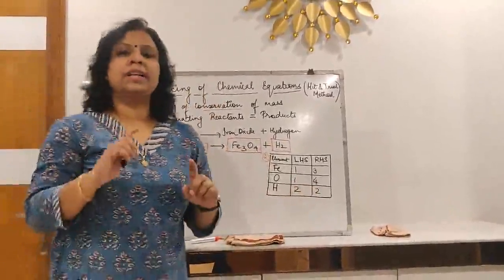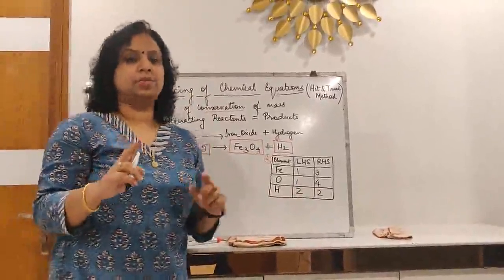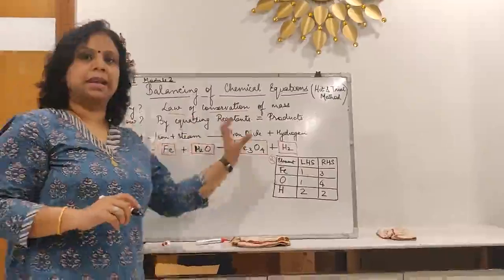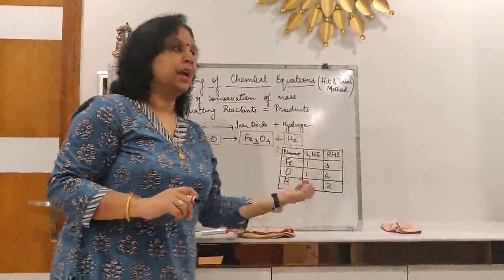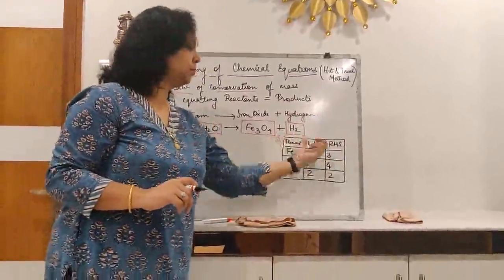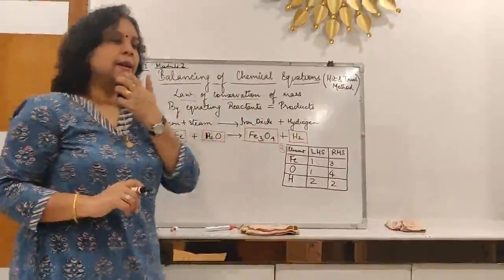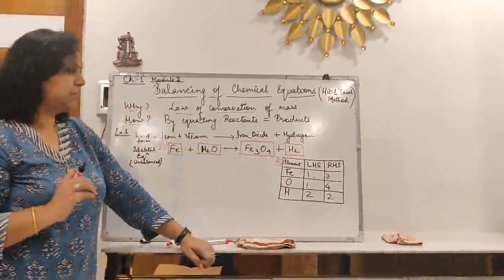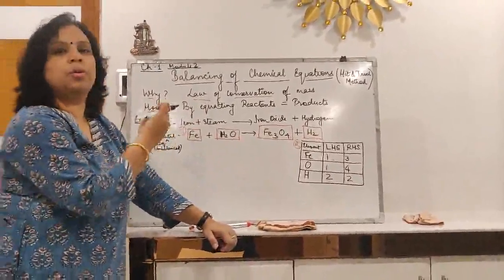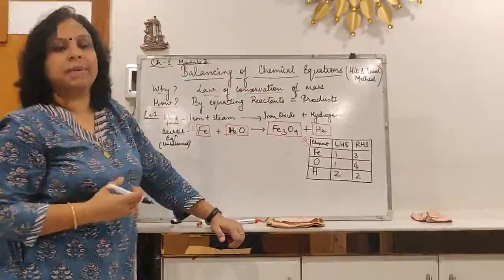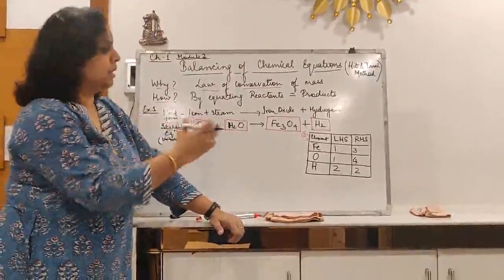So we have done step 2. Step 1 was making the boxes. Step 2 was making a table and tabulating the various elements. Now step 3. Step 3 is basically, there is no fixed method by which we can balance.